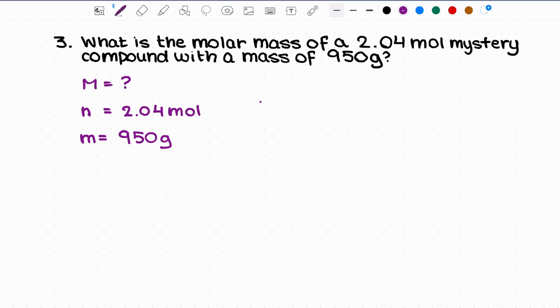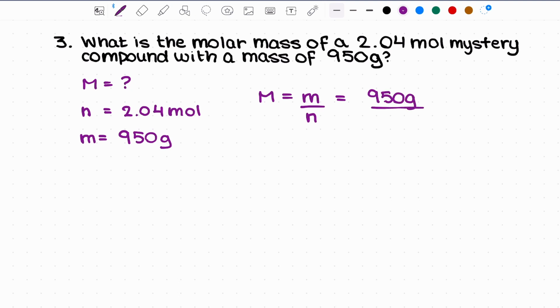Now, we want to find molar mass. And if you recall from our formula manipulation, molar mass is equal to mass divided by moles. And so once you have this formula, the only thing you got to do is plop in your numbers. So here we have a mass of 950 grams.